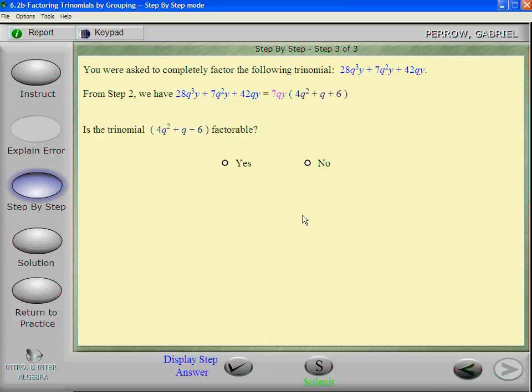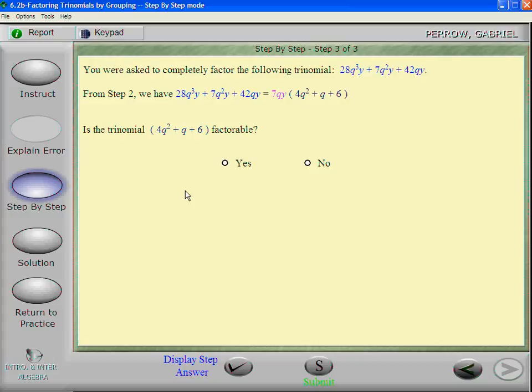Okay? So the stuff in the parentheses, they say, is this trinomial factorable? Well, to know whether it's factorable or not, we'd have to think about the number combinations like we've talked about. 4 times 6, the outside numbers, is 24. Can you think of anything that would be multiplied to give you positive 24 and add up to 1? Because it's plus plus, the only things we can do are combinations of positive numbers.